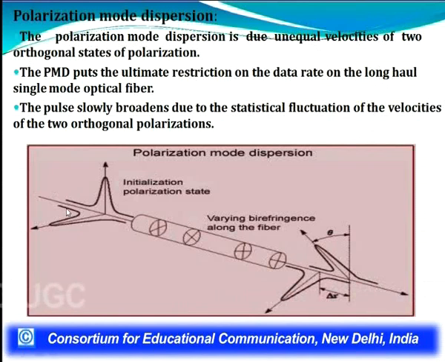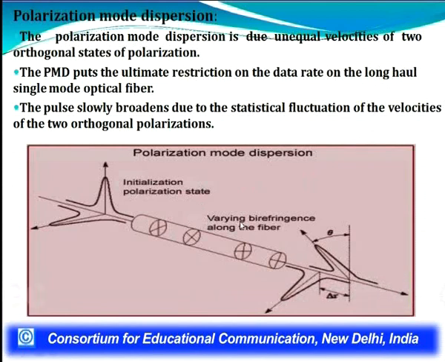Now polarization mode dispersion puts the ultimate restriction on the data rate on long single mode optical fiber. The pulse slowly broadens due to the statistical fluctuation of the velocities of the two orthogonal polarizations. From the diagram we see the polarization mode dispersion, the initial polarization state.